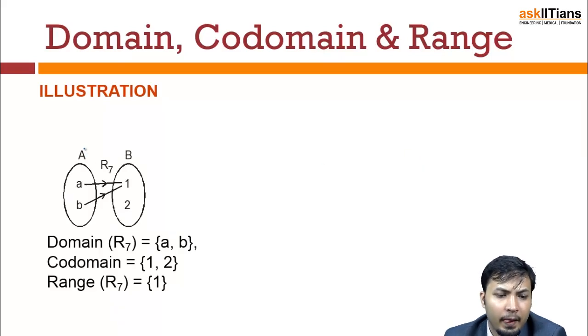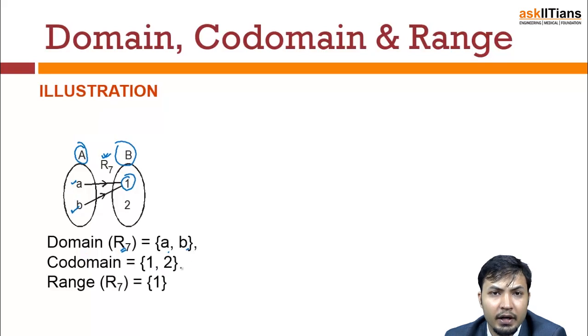You see, I have A over here and this is my B, and this is the function that I am running. Now over here, A and B give one value, that is 1. So over here my domain of R7 is A and B, that is these two elements.